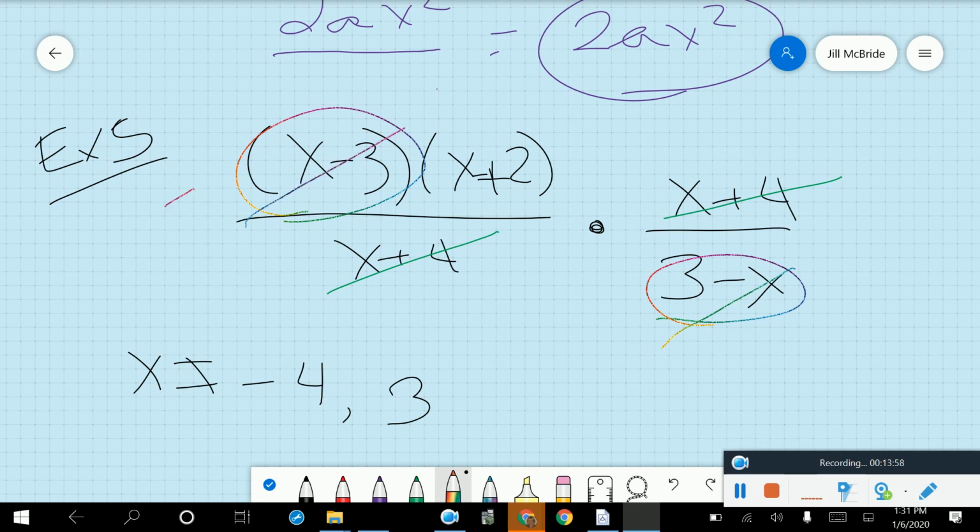But what they do is they cancel leaving a -1. And I'm going to show you why that's true in a minute. So what I now have left in my simplified fraction is -1 times x plus 2.